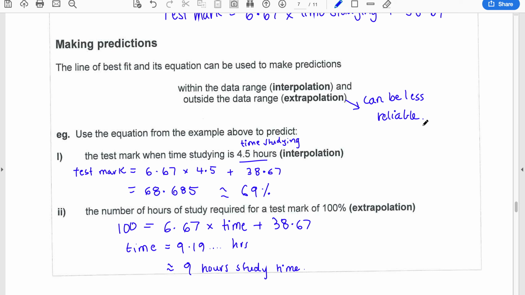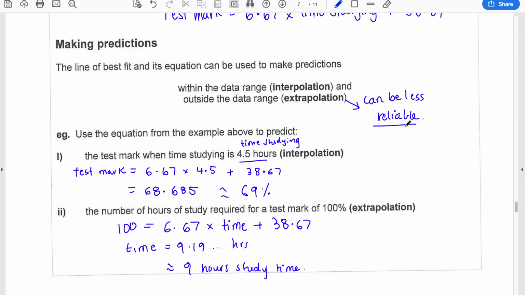If we're extrapolating, what we're doing is we're making an assumption that the data continues, the pattern. So we're making an assumption there's a relationship beyond the data that we have, but we're also making an assumption that that relationship is linear, which not all the time when you extrapolate is that true.